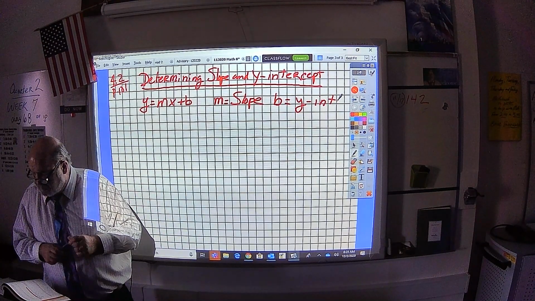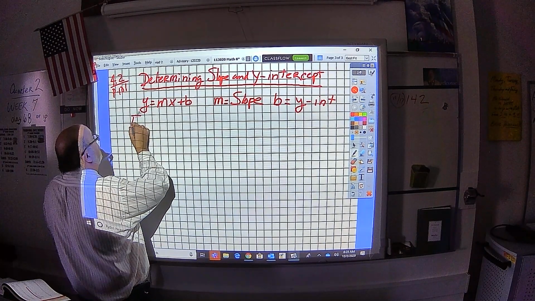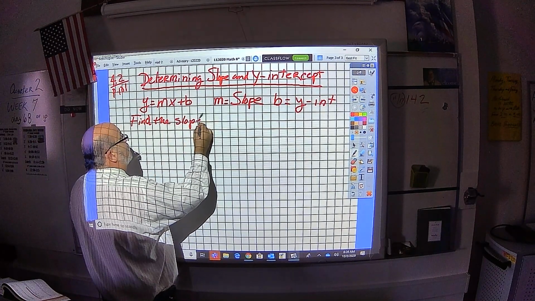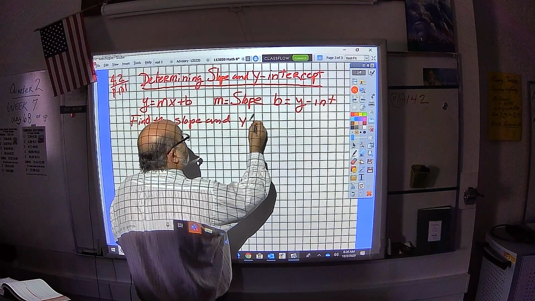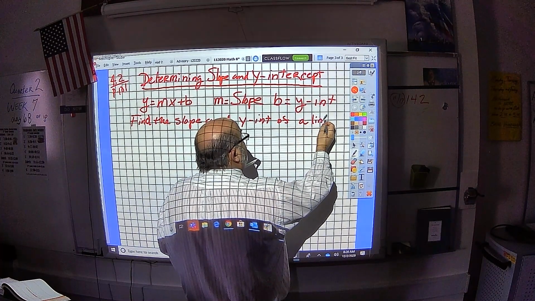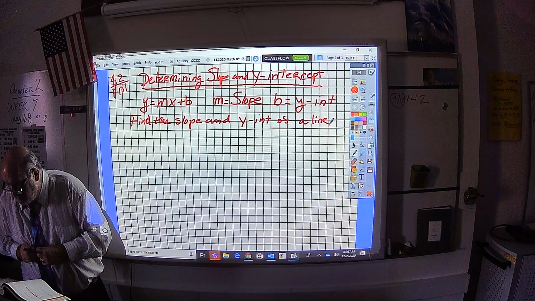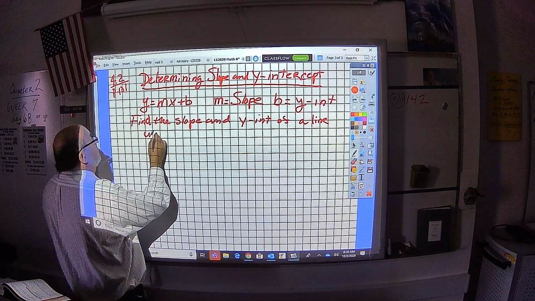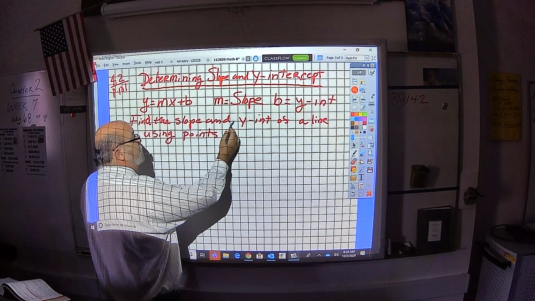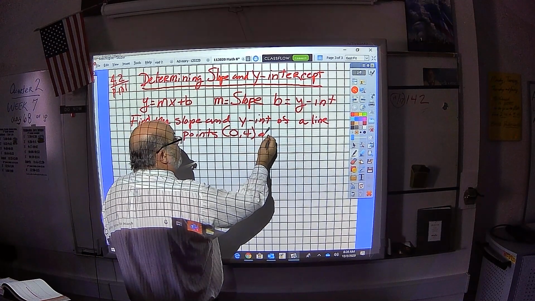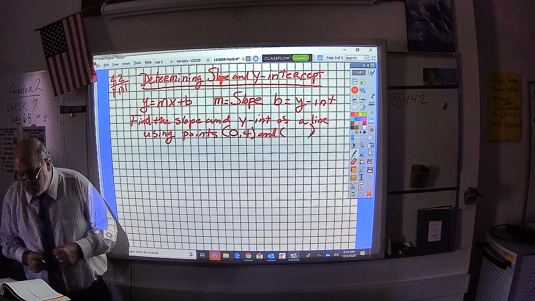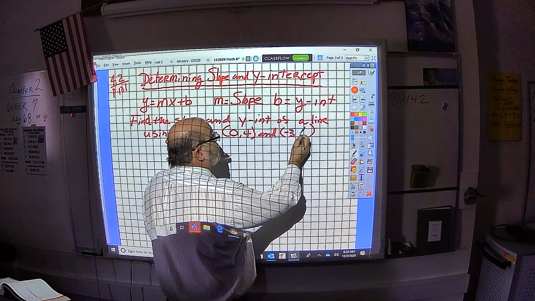So the question begins with: find the slope and y-intercept of a line using points (0, 4) and (-3, 6).